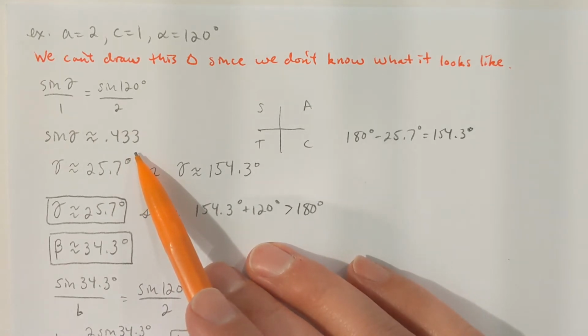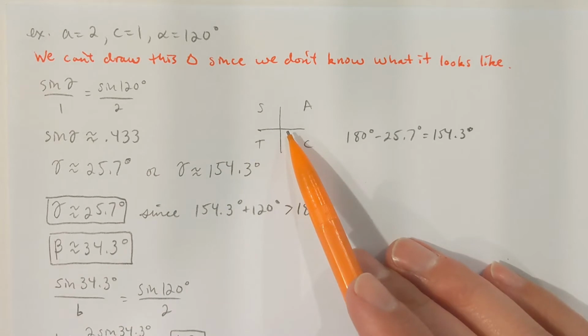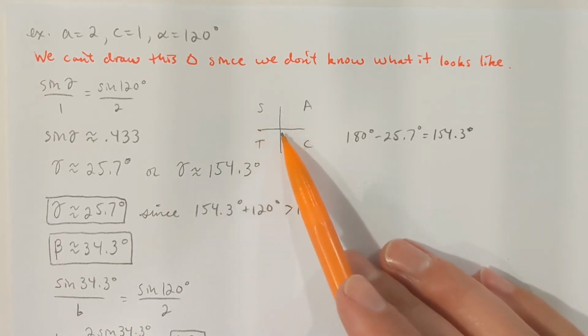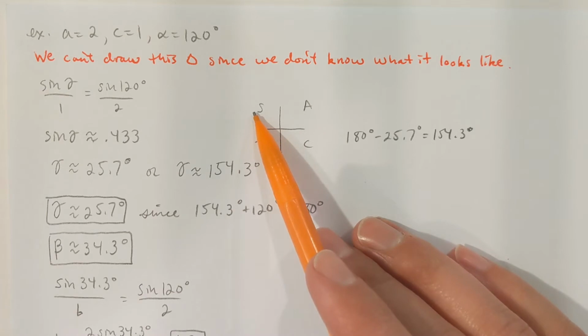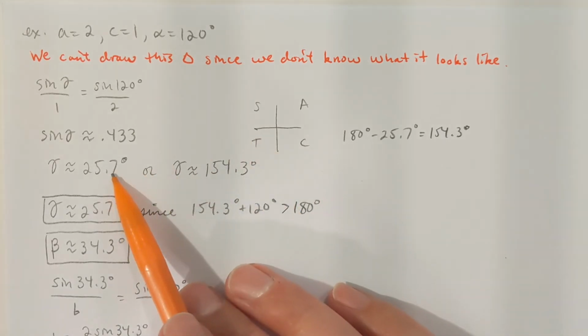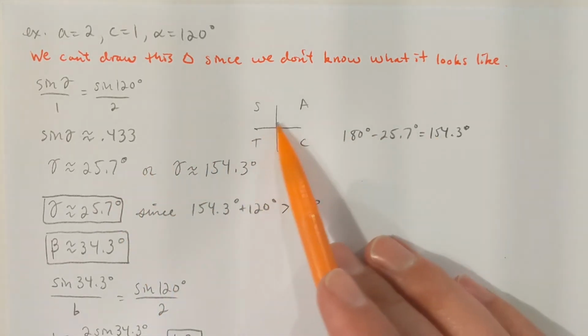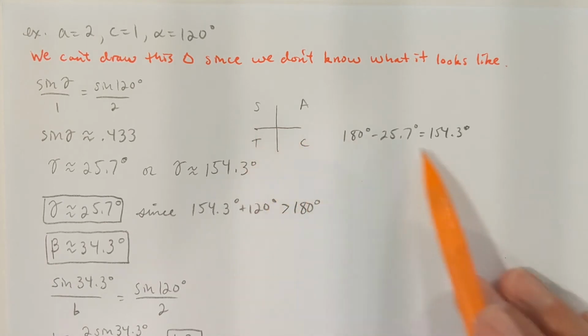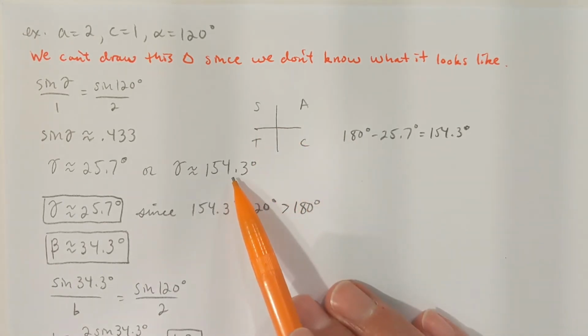So I'd want to consider the possibility that this angle could produce another solution if it were flipped over into quadrant 2. Here's the pi axis, or 180 degrees. If I subtract 25.7 degrees from that, using symmetry, this angle in quadrant 2 would be 154.3 degrees.